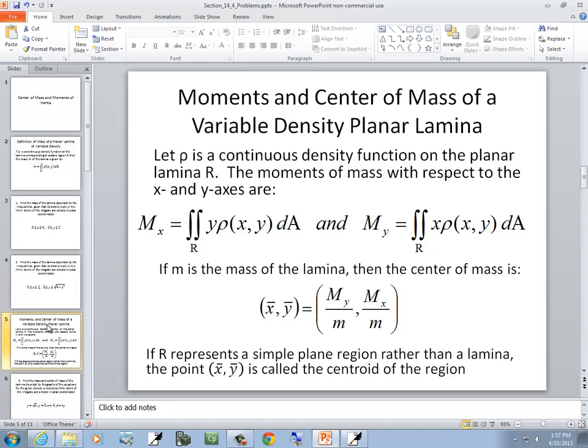And a moment with respect to y is equal to the integral of x times rho. And then if m is the mass of the lamina, and that's still the same formula we saw before, then the center of mass is given by this formula. If R represents a simple plane region rather than a lamina, the point is called the centroid of the region. So if you got a problem that's asking you to find a centroid, it's the same formula.